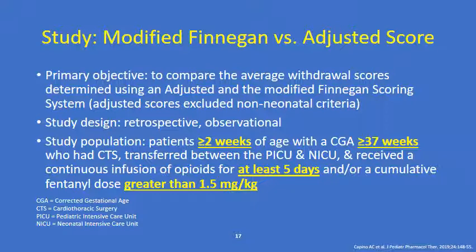And so it created the question, with the different scoring tools, is there one tool that may be better to use than another, or are there just certain criteria it's important to think about?